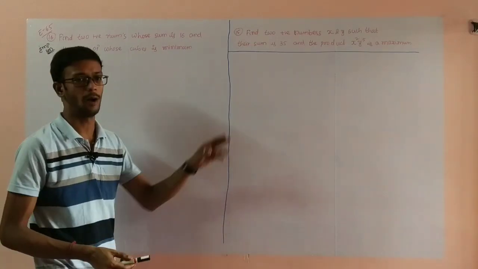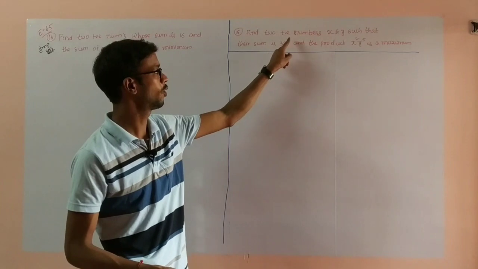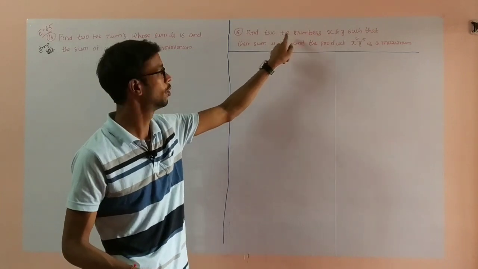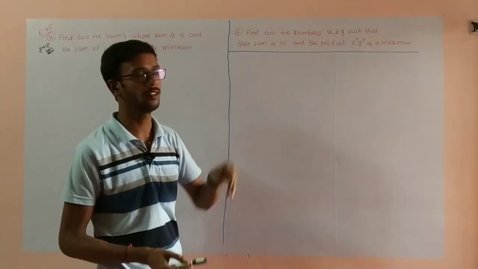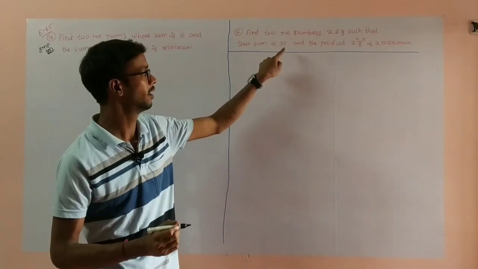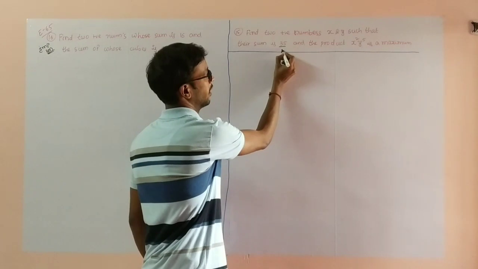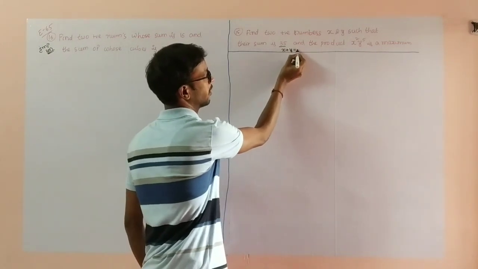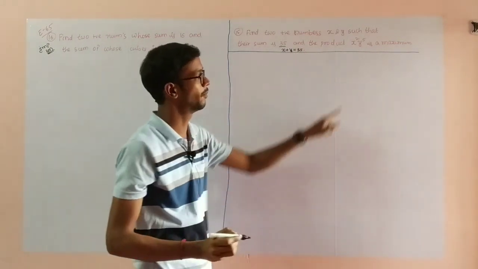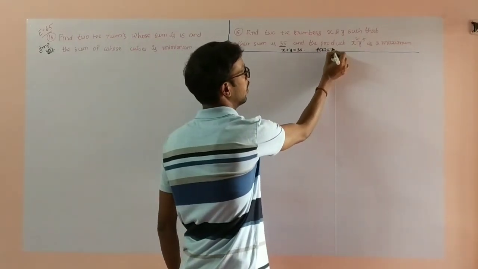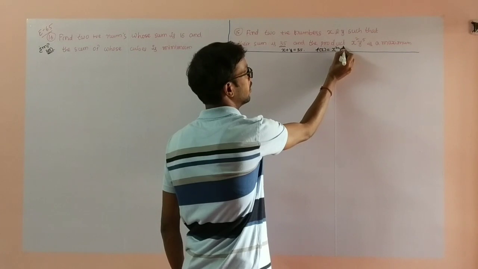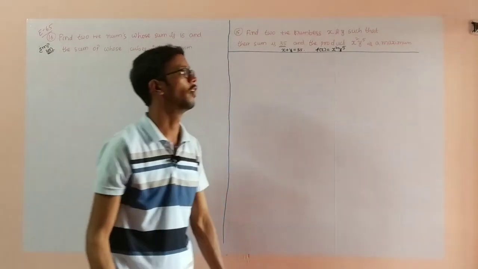Next, problem number 15. Find the two positive numbers x and y such that the sum is 35. That is nothing but x plus y is equal to 35. And the product function is f of x is equal to x square into y power 5.